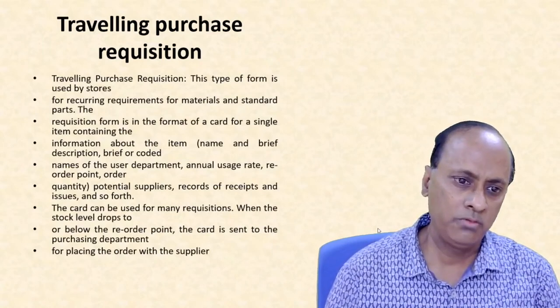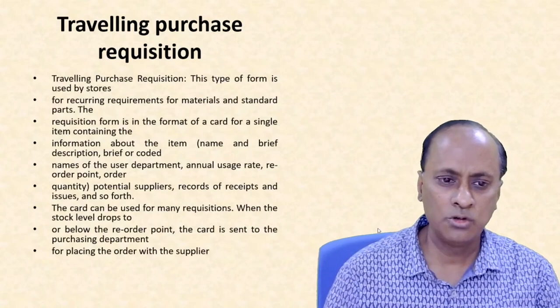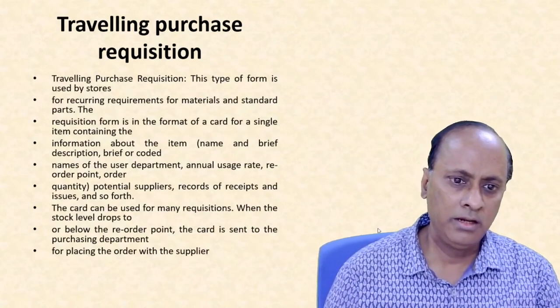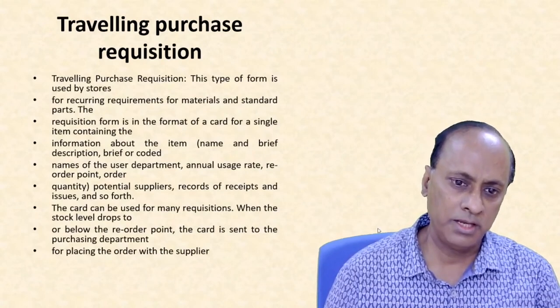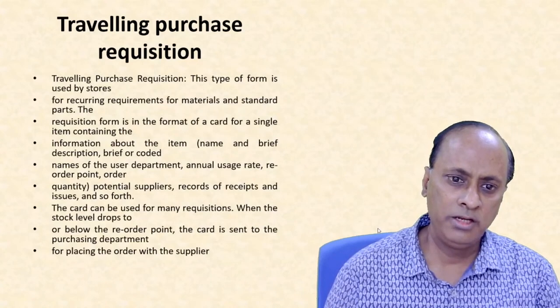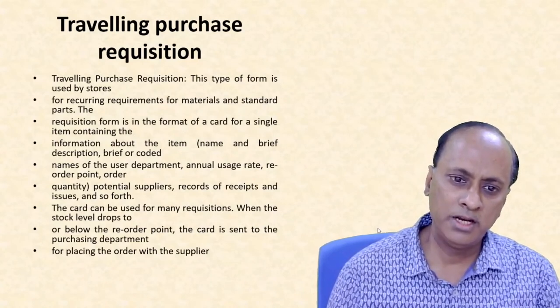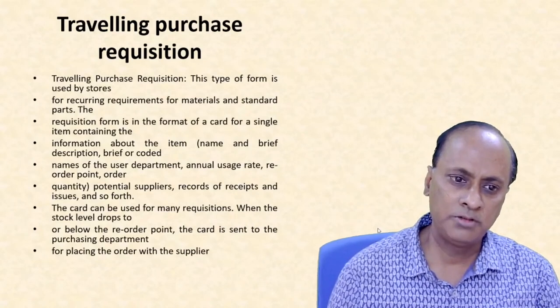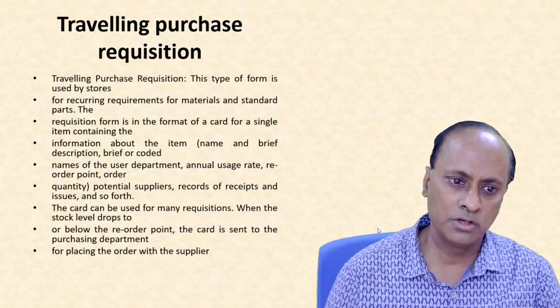The reorder point is the point where, if the materials go below it, then an order should be placed. And who the potential suppliers are, records of receipts and issues: how many times you have received that item in that particular year, or how many times you have issued that product, and so forth.